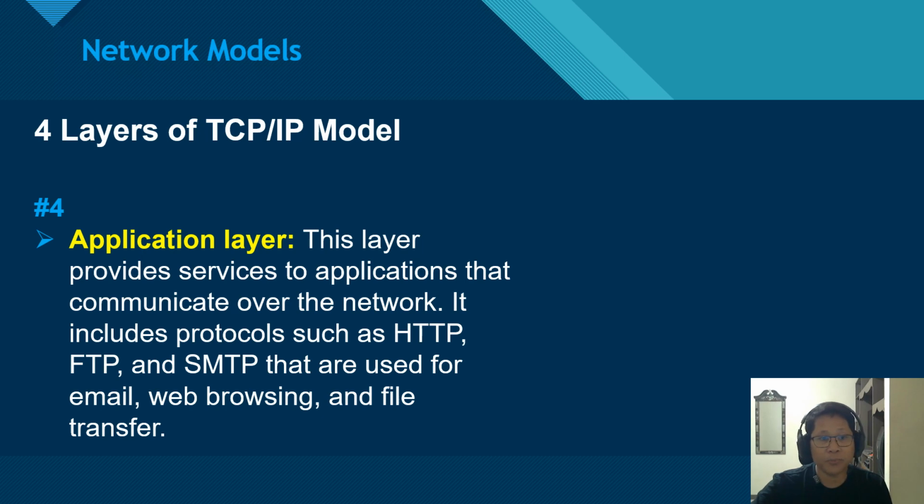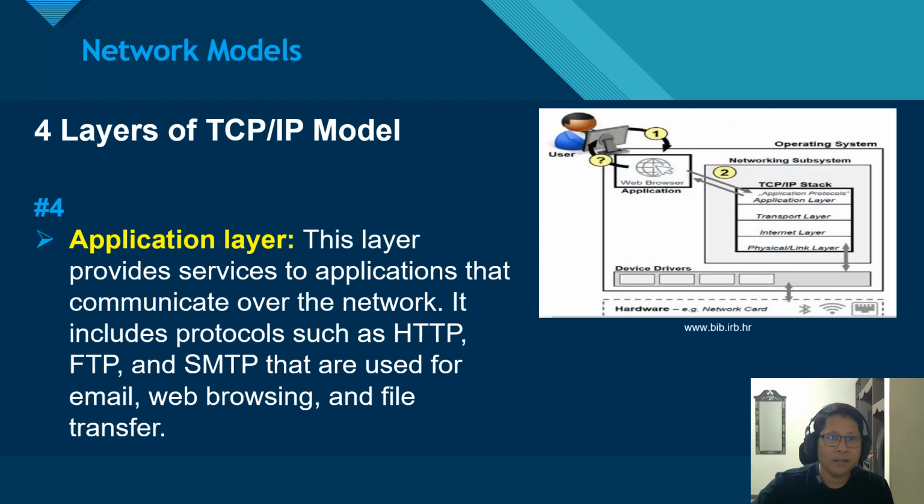It includes protocols such as HTTP, FTP, and SMTP that are used for email, web browsing, and file transfer. It also includes protocols for other types of network communication such as DNS, or the Domain Name System, and DHCP, which is the Dynamic Host Configuration Protocol.